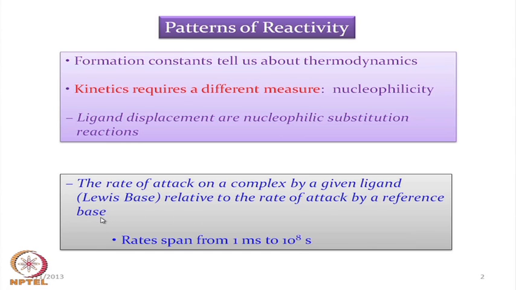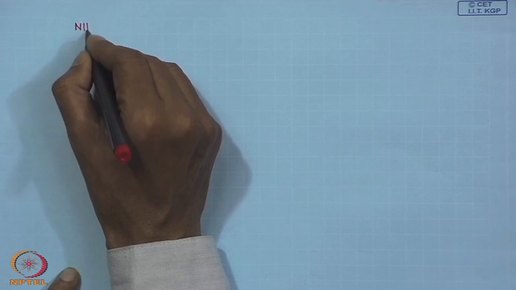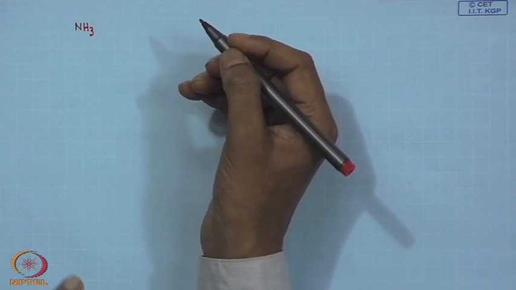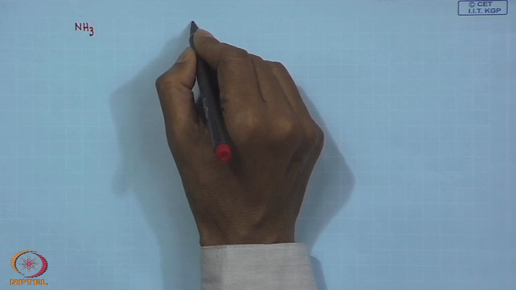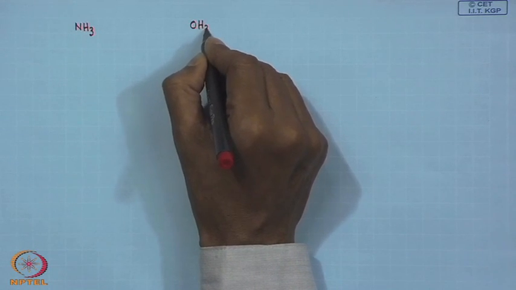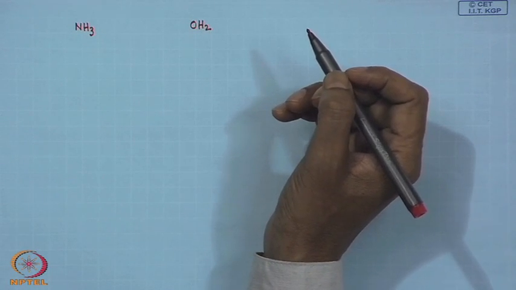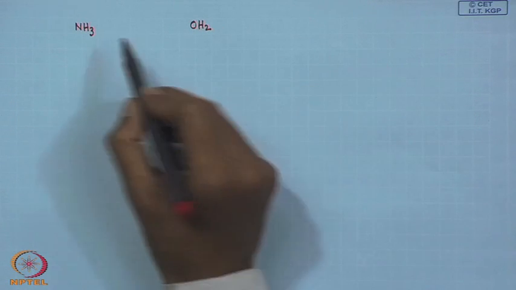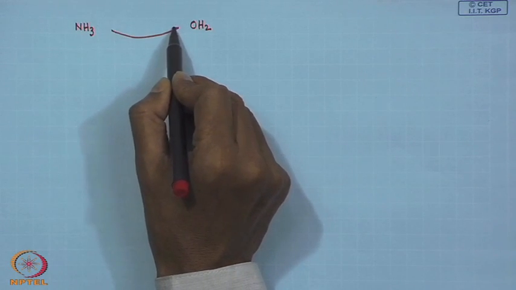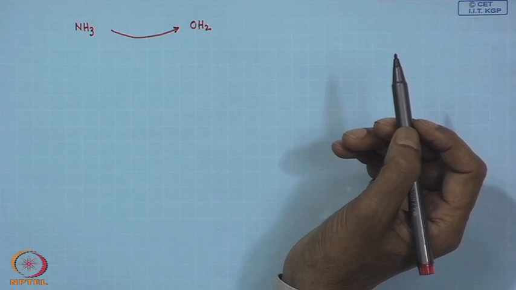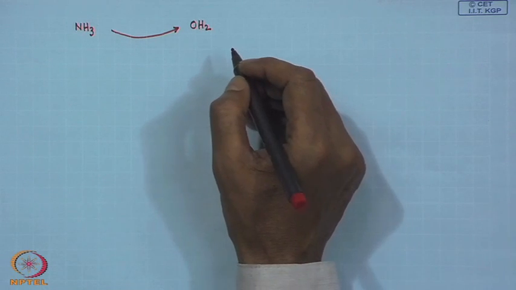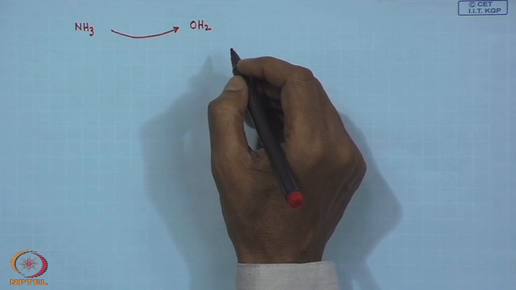If we simply consider the substitution reaction where the given ligand is, say, ammonia, which is a Lewis base, and the reference base is the water molecule, we can go for the substitution of these water molecules, replacing the metal aqua bond by the metal amine bond.